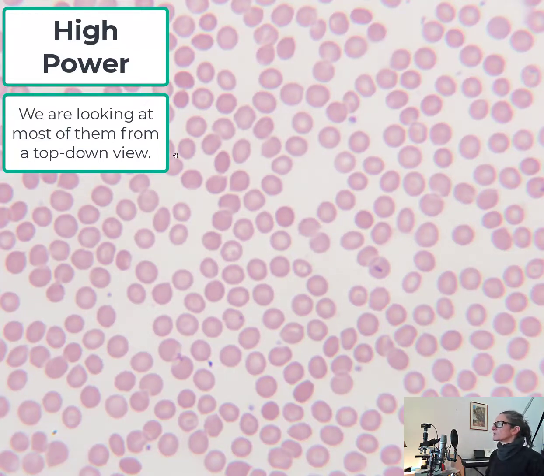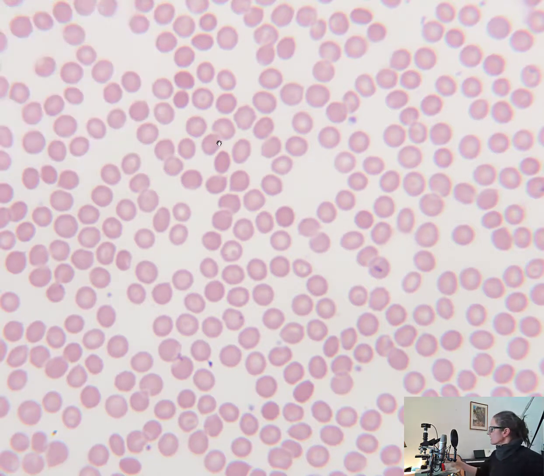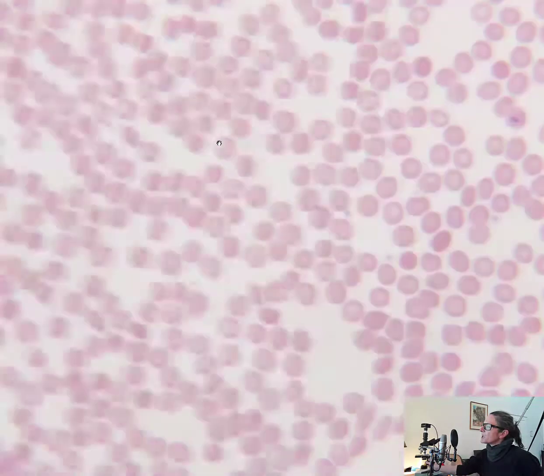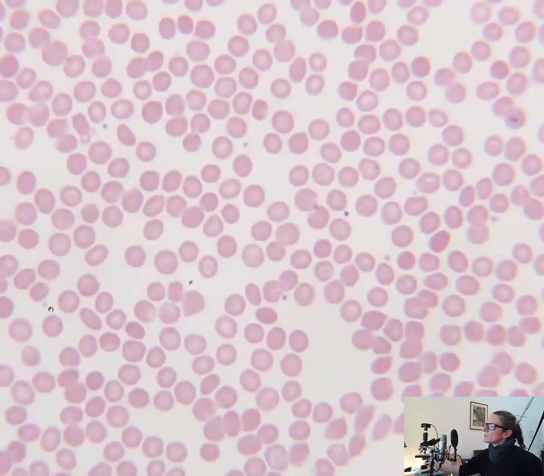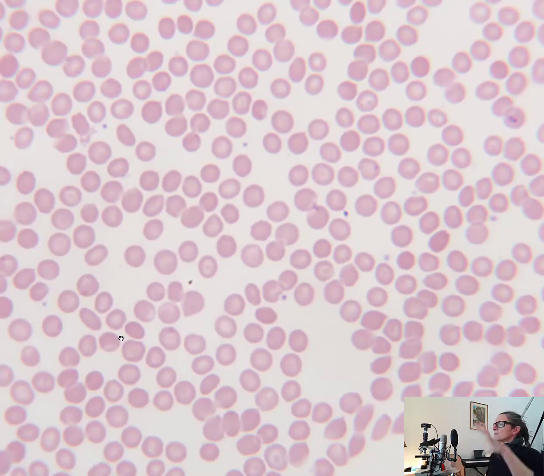And while the center is not hollow, it's not a hole in the middle, it's very, very thin. And so that's what gives erythrocytes this kind of pink donut shape. And here you can see one that's sort of turned up on end. And what we will see if we look at them in cross-section is they have a kind of a curved shape that gets really thin in the middle and thick at the ends.